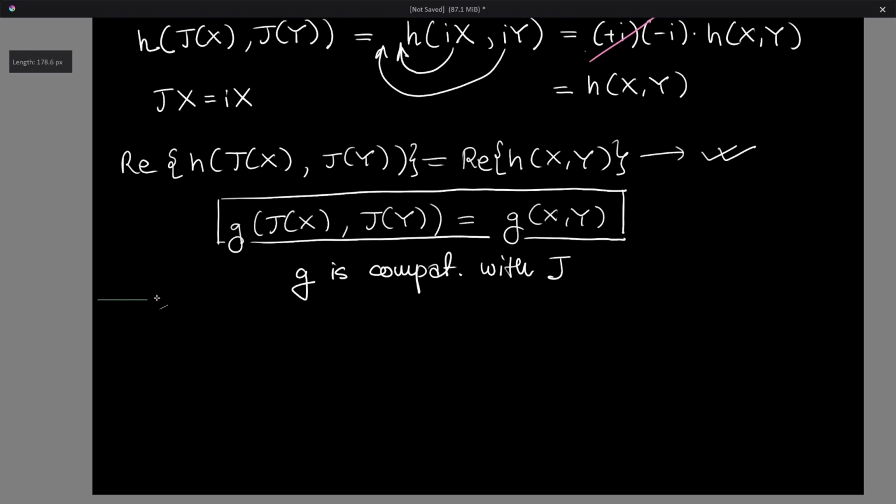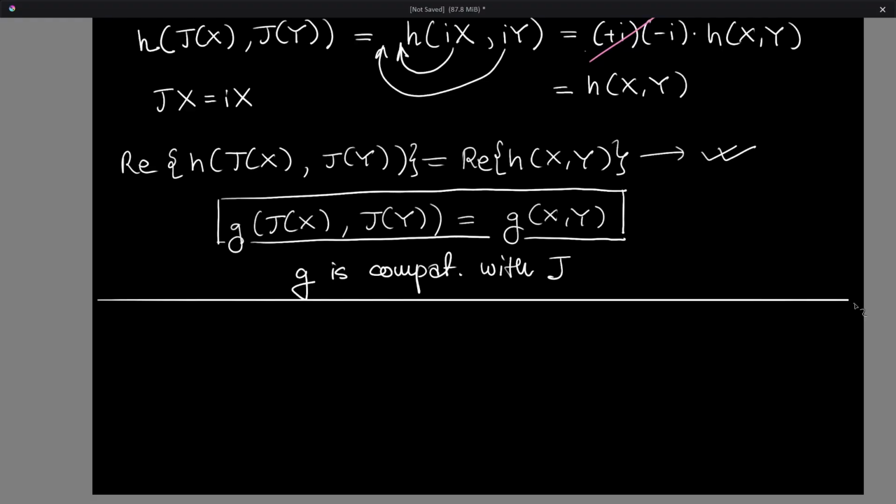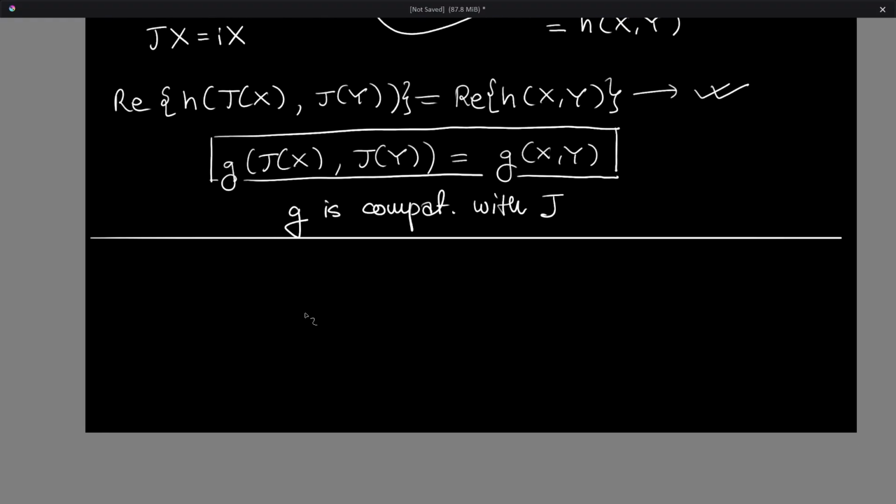Now we've talked a lot about the real part of the Hermitian metric. So what about the imaginary part? Is the imaginary part important? It turns out that the imaginary part is very important. We call it omega, omega of xy, and we define this to be the imaginary part of h of xy.